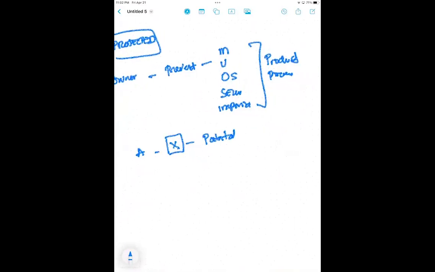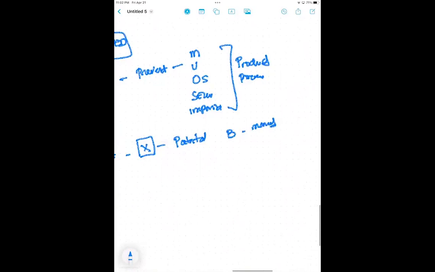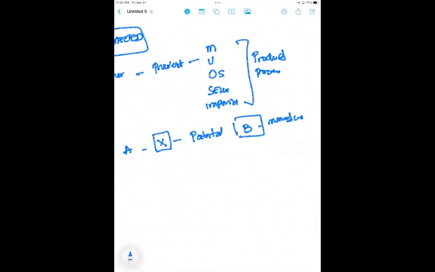Now, if X is patented by A, let's say, for example, B would like to manufacture X, then A can file patent infringement case against B. If C, for example, would want to use it without the consent of A, then A, as a general rule, may file a case against C. If, let's say, for example, D is offering for sale X, then A can file a case against D for patent infringement, and so on and so forth.